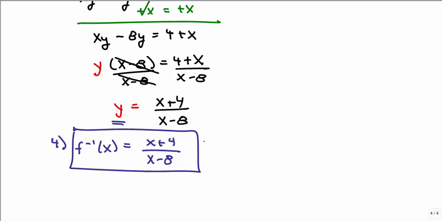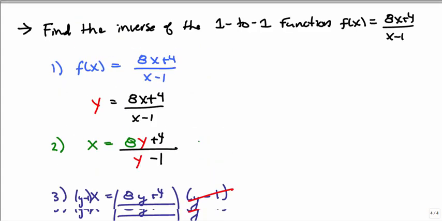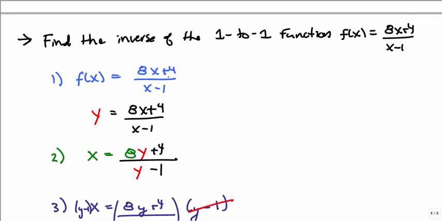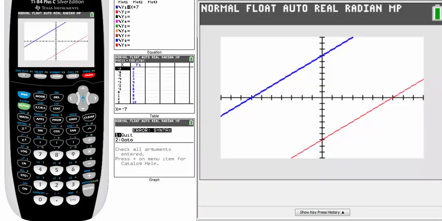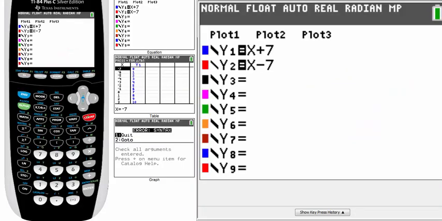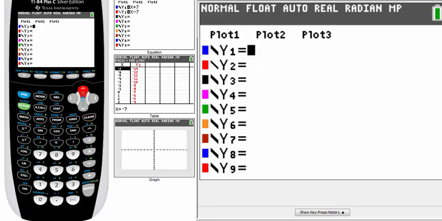So let's go ahead and graph our original function. The original function was clear up here, 8x plus 4 over x minus 1. And again, we're just trying to see what these look like. So in parentheses, I want my 8x plus 4 divided by, and the denominator, let's use x minus 1.